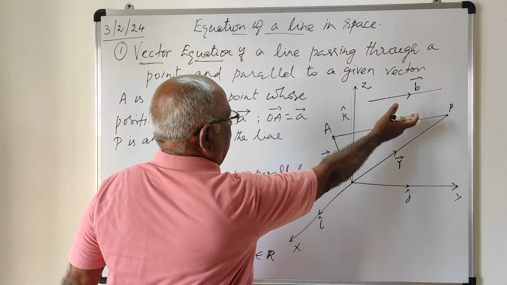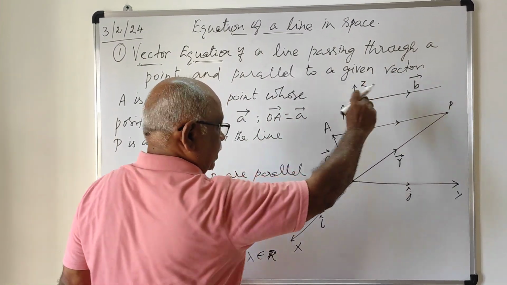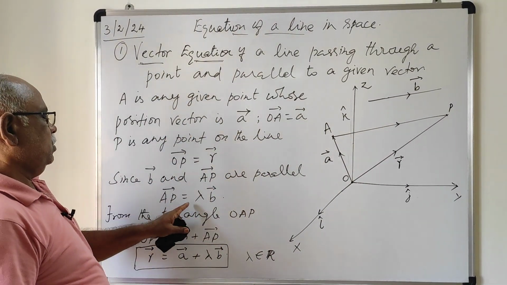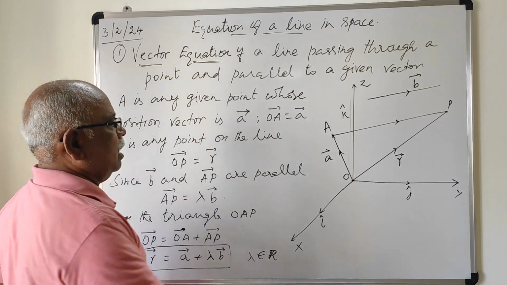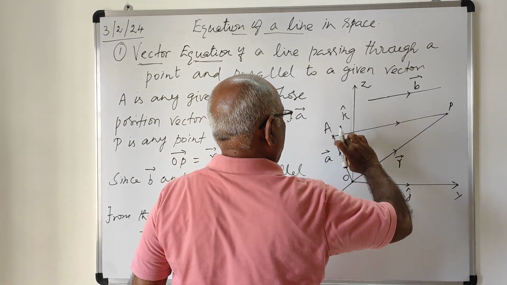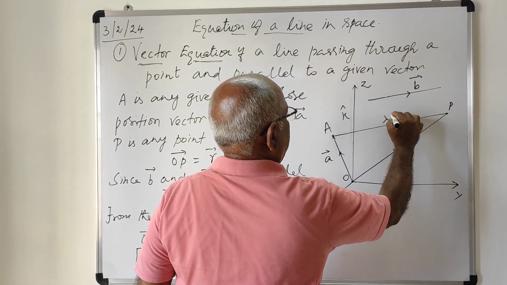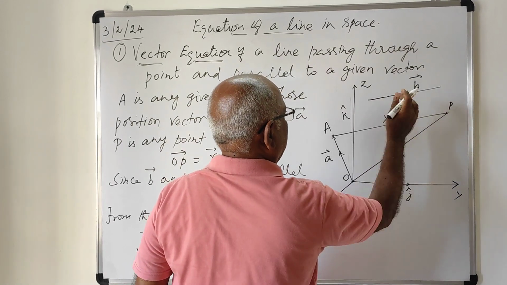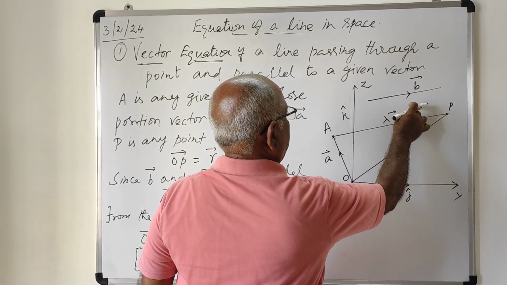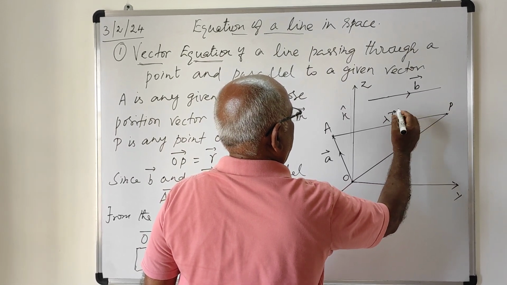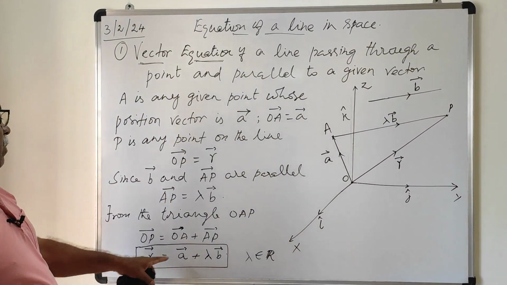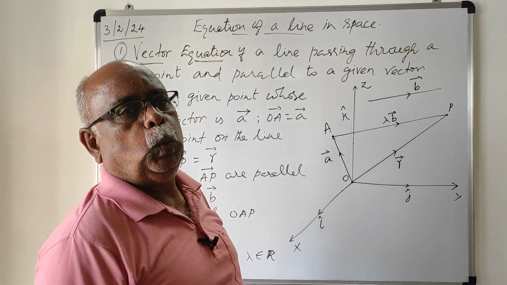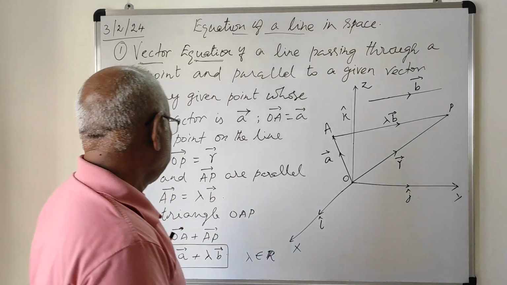Since AP and b are parallel, AP is some scalar times b, and by the triangle law OP equals OA plus AP, so r equals a plus lambda b, the vector equation of a line passing through a point and parallel to a given vector b.